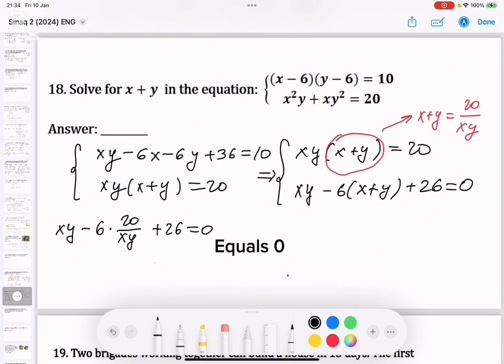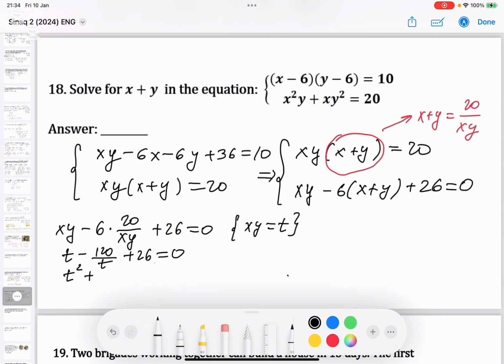Just for simplicity, I'm going to substitute xy with t. Just for the time being, we'll get back to all those substituted variables later. So it's going to be t minus 120 divided by t plus 26 equals 0, or t squared plus 26t minus 120 equals 0.